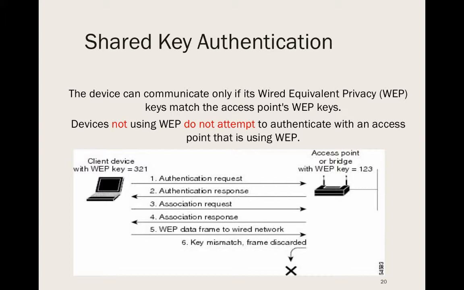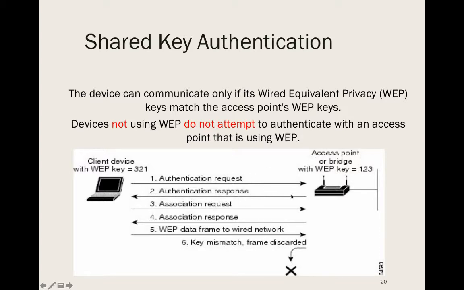So the device can communicate only if its WEP key matches the access point's WEP key. If the key doesn't match, the encryption doesn't match, and it drops the packet and drops the connection. Devices not using WEP do not attempt to authenticate with an access point that is using WEP.